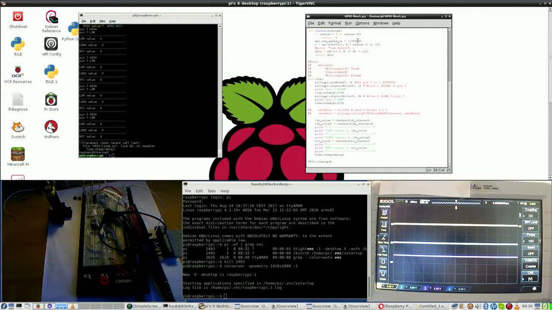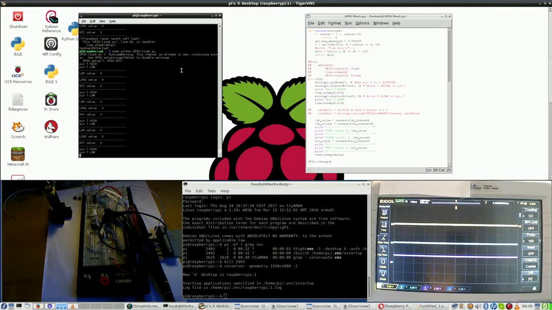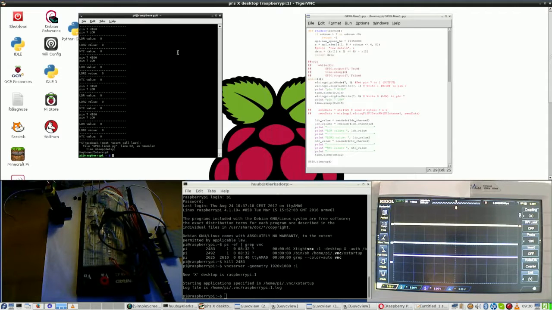So if I turn this back to say 100 microseconds, what will happen then? If anything. Nothing at all. And this is just too bad. Why?